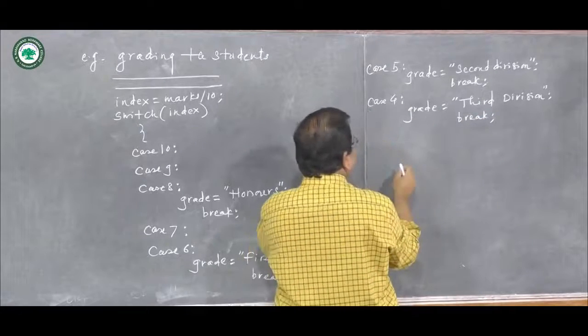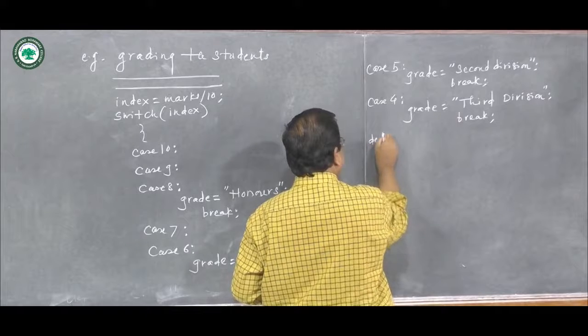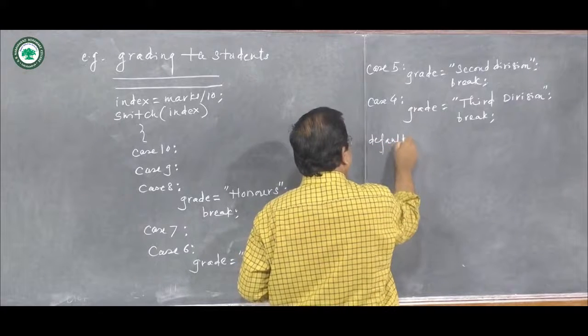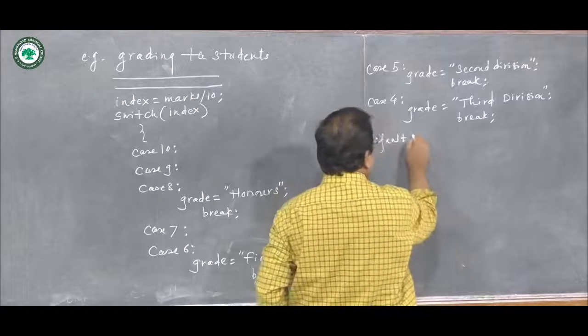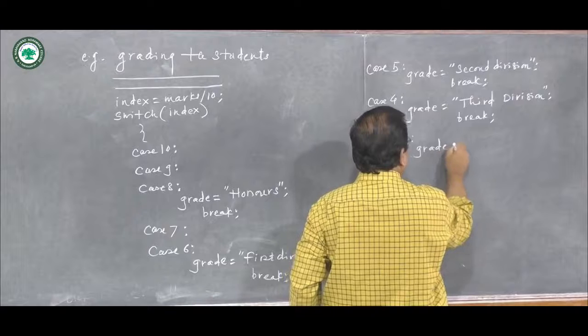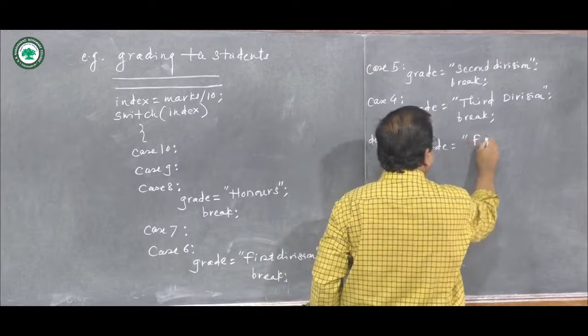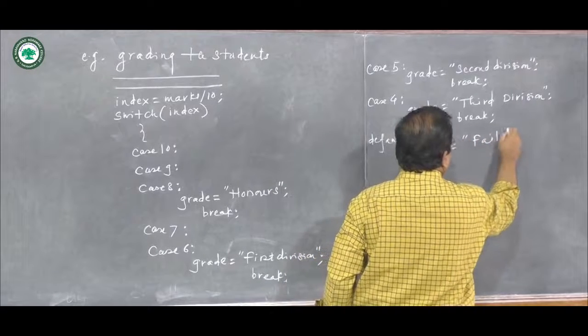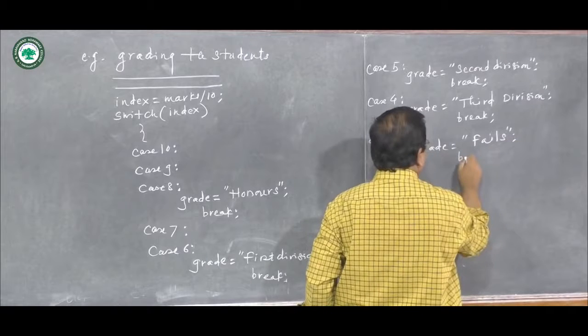And then here is a default block, if the student secures marks less than 40, and the default block is grade equal to fails, followed by break.